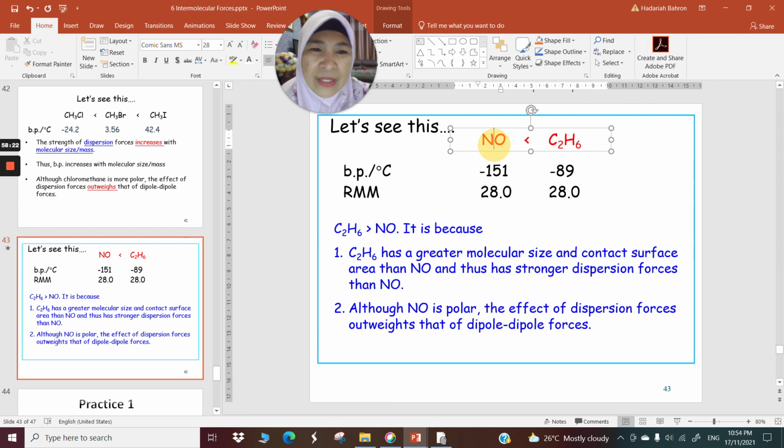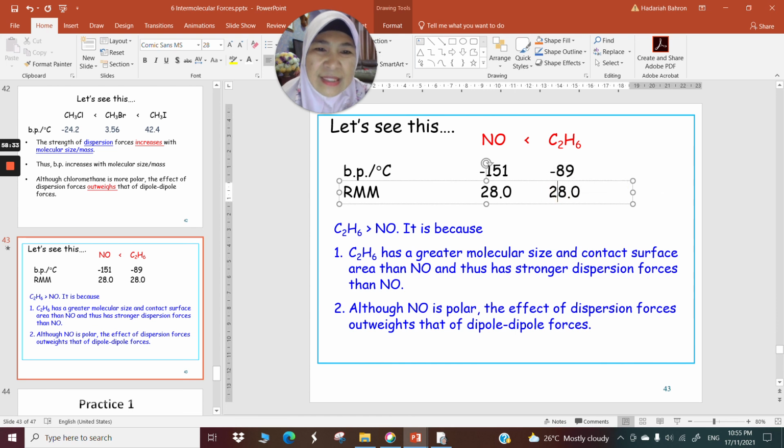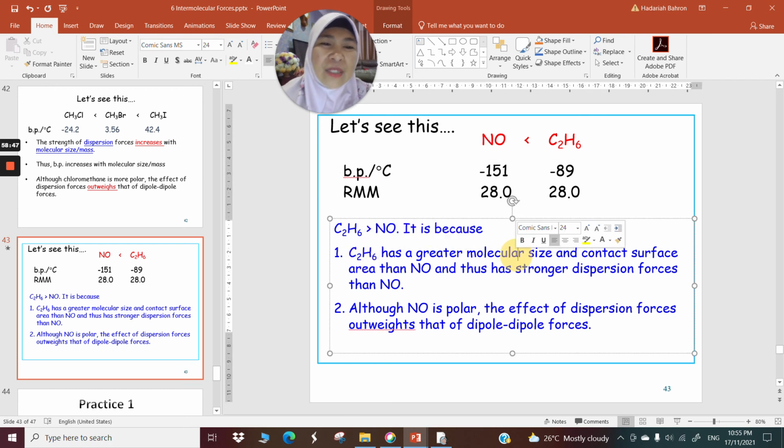And again, comparing between nitric oxide and ethane, C2H6, you have the same molecular mass, but the boiling point of NO is a lot lower than your ethane, because the ethane has a greater molecular size and contact surface than NO. Thus, it has stronger dispersion force.